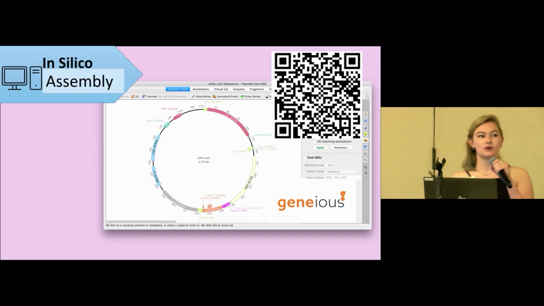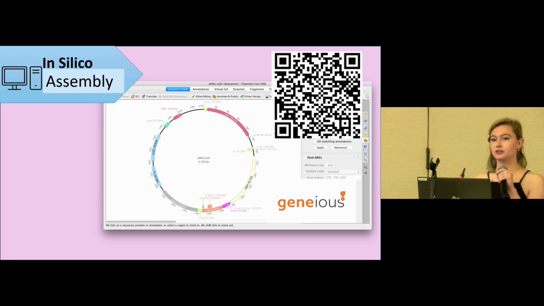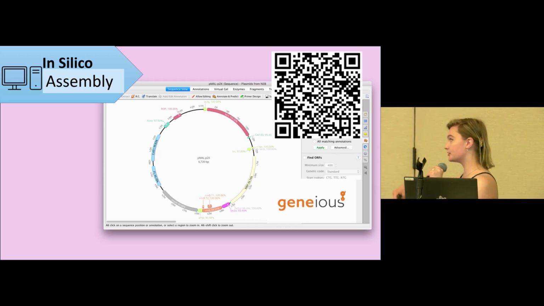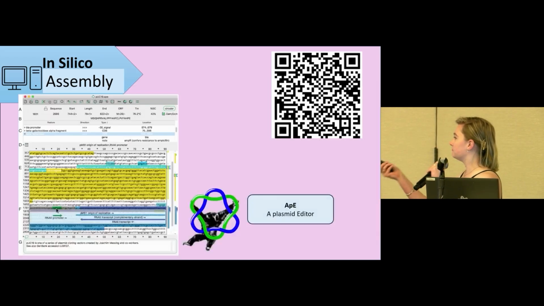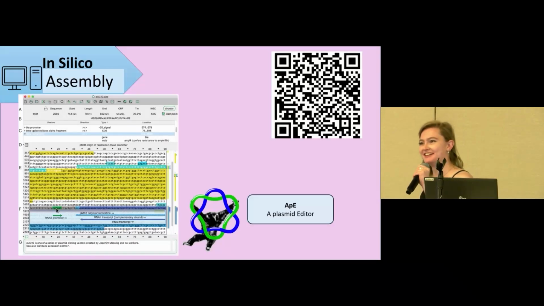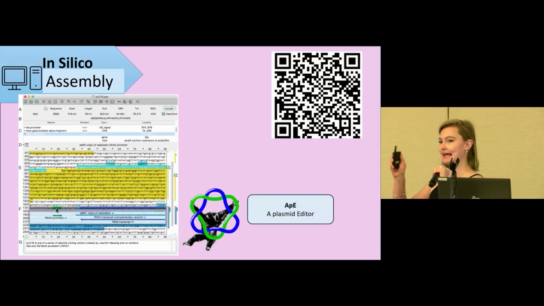It is really wonderful. It's really user-friendly. You can do restriction enzyme digest through the software. You can also do type 2 cloning through the software. Really highly recommend. But if you're a graduate student or an undergrad, you may need the free software, which there's also one called APE, a plasmid editor.